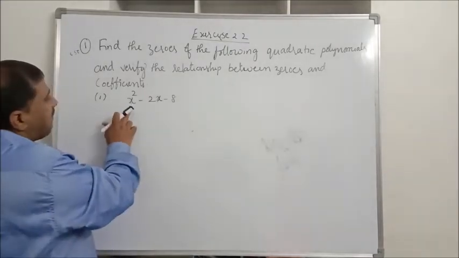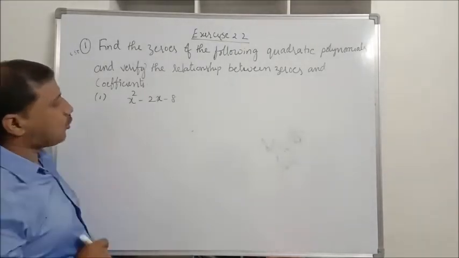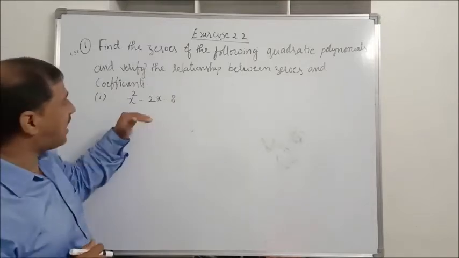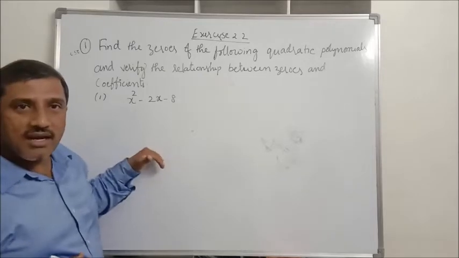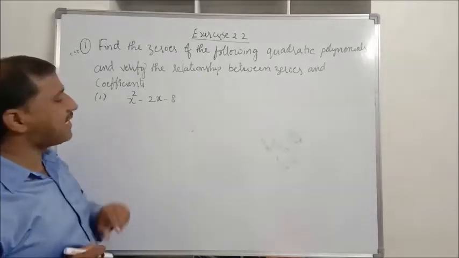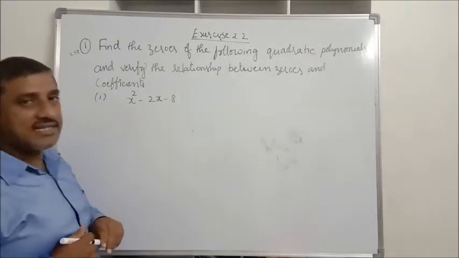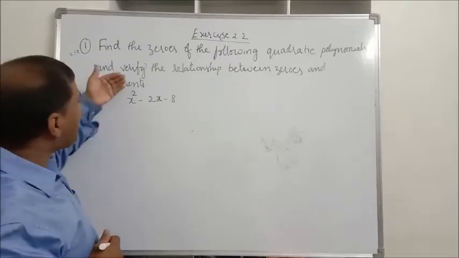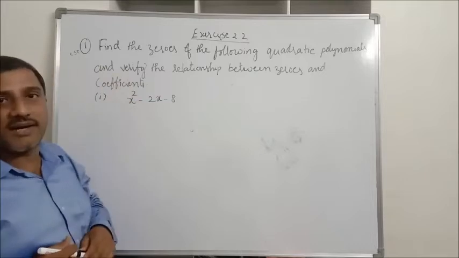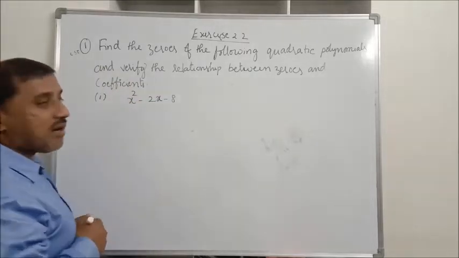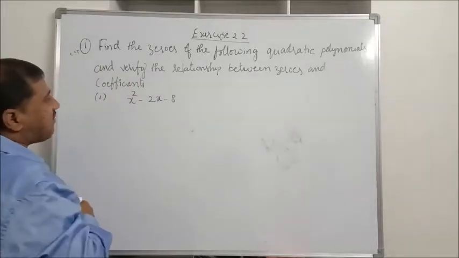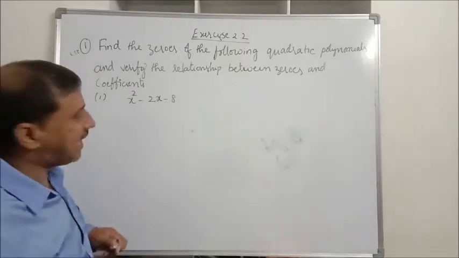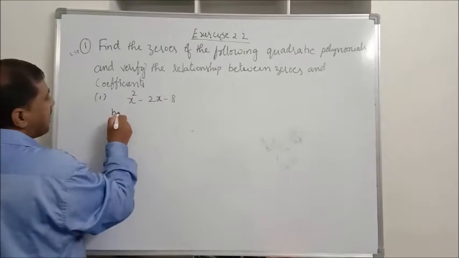So here, the first question: x square minus 2x minus 8. Is it a quadratic polynomial? Yes, because its degree is 2 and the variable here is x. Now what is the coefficient of x? When we compare x square minus 2x minus 8 with the general form of the quadratic polynomial, ax square plus bx plus c, what is a here?